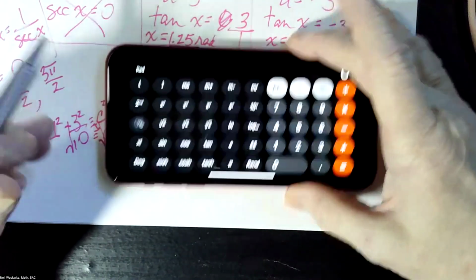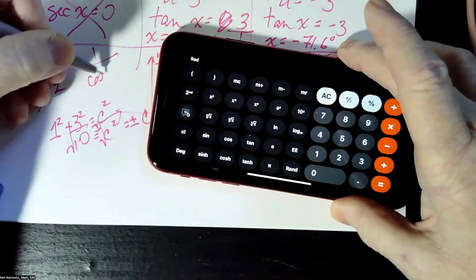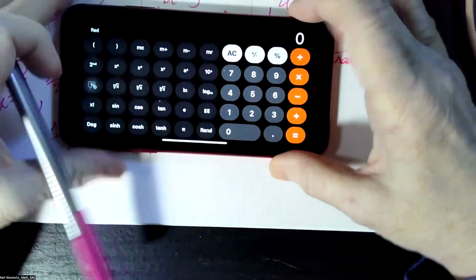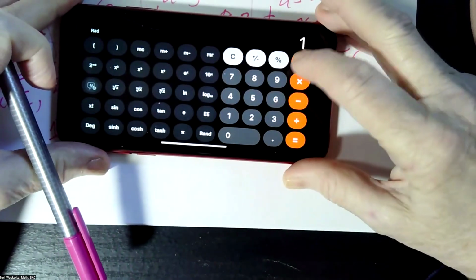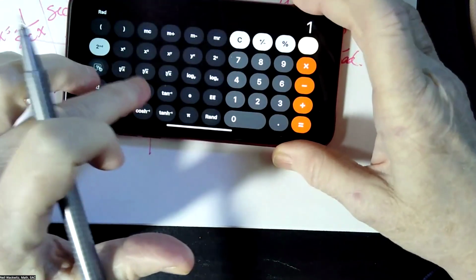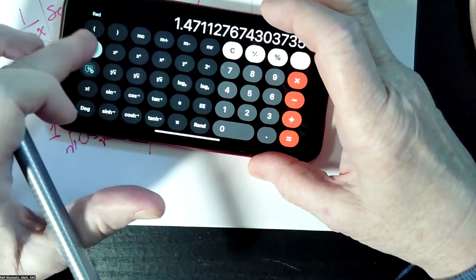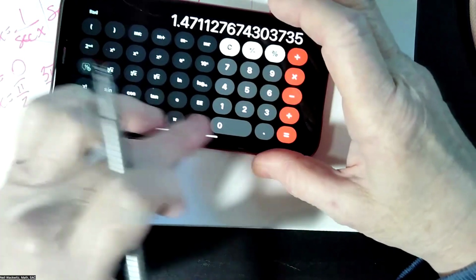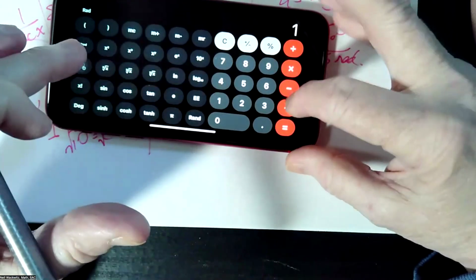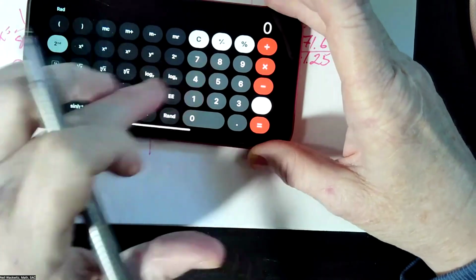So how can I show you that on the calculator? It's 1 over cosine x. Okay, that's how. So let's do 1 divided by inverse cosine of 0.